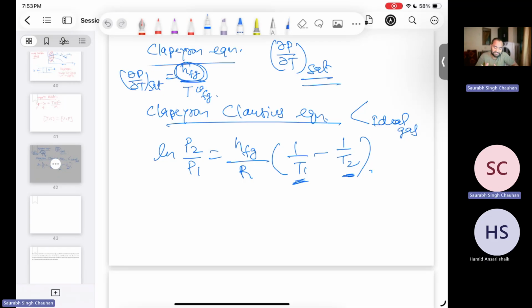This is a phase change relation, so this is the latent heat of vaporization, which is a function of temperature. So there is one more approximation, that HFG can be considered to be constant for small temperature changes. So this change in temperature should not be very high. So it is constant.